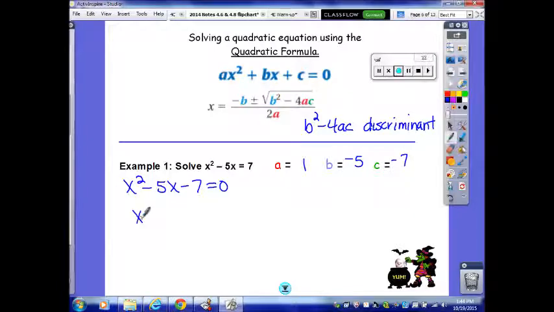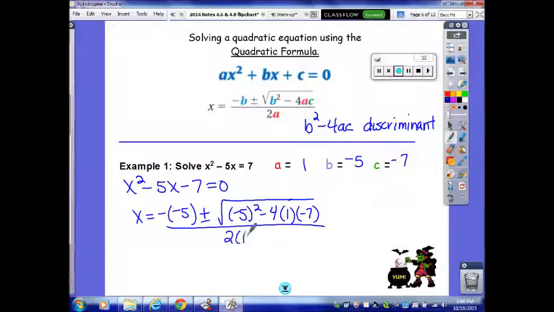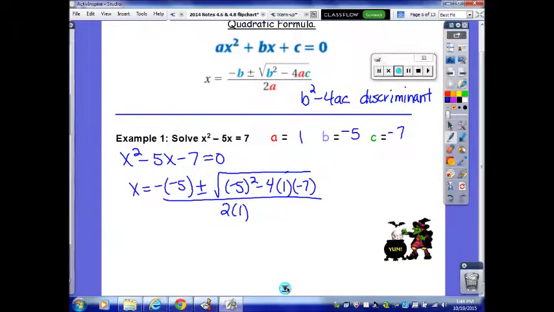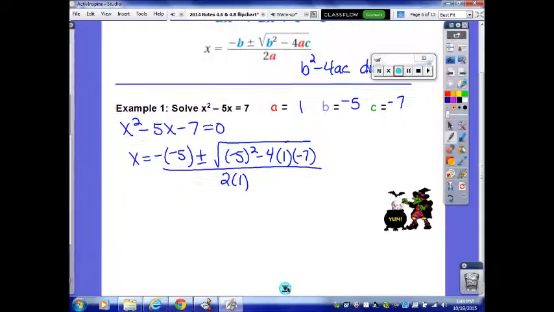And we're just going to plug and chug into that formula and solve for x. So x is equal to the opposite of b plus or minus the square root of b squared minus 4ac all over 2a. Now notice when I plug these in, I'm putting parentheses around those values as I plug them in. That's going to help me not drop a negative or mess up with my signs.